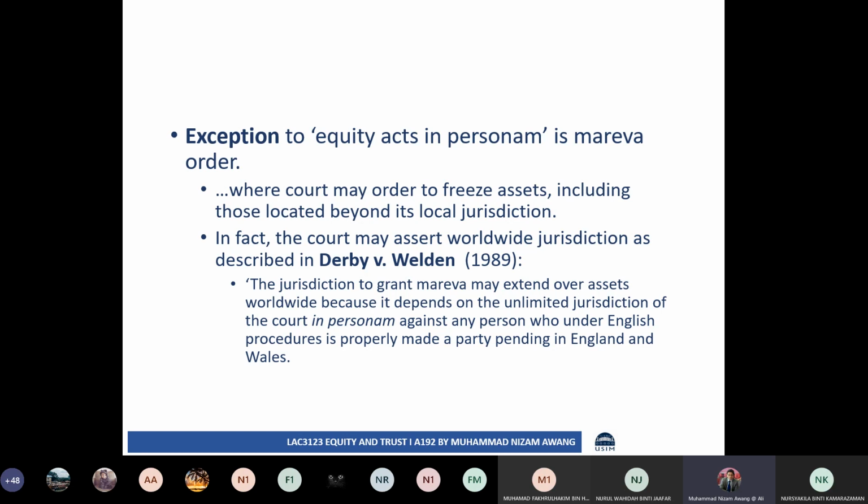For instance, if the defendant had a bank account in other countries like Switzerland, under that situation the court can rely on the exception to the maxim. We have a special session on that under the topic of remedy later.